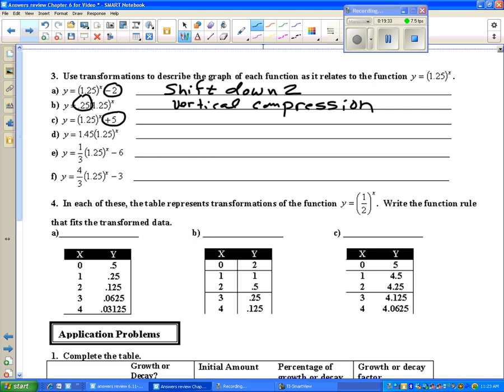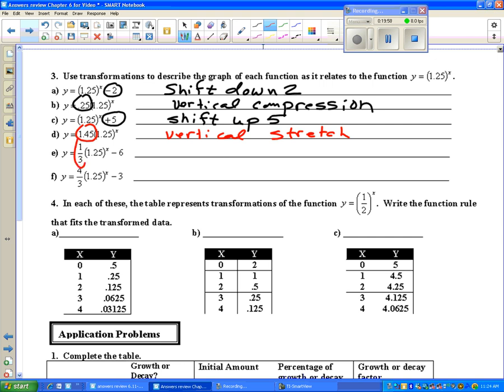Plus 5 on the outside, this is going to be a translation or a shift up 5. Multiply by 1.45 in front. This is a vertical stretch since it's greater than 1.